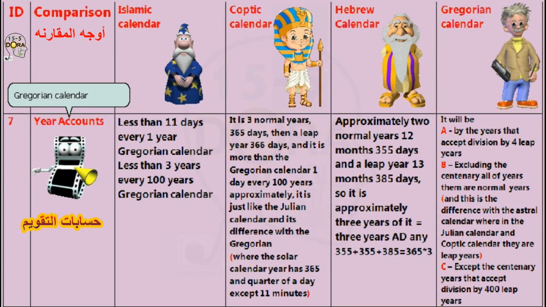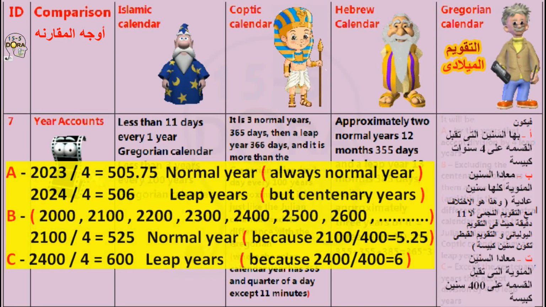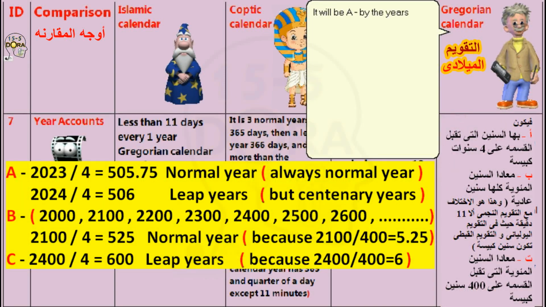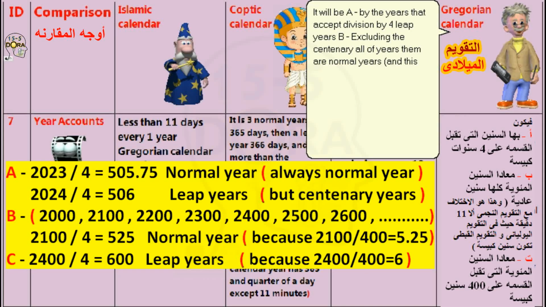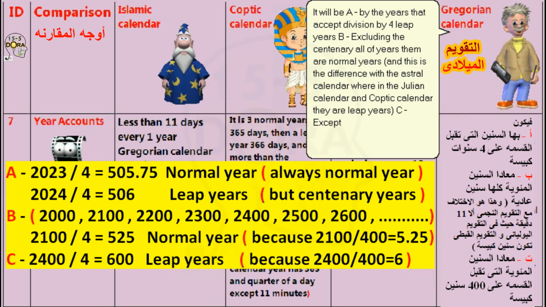Gregorian calendar: leap years are the years that are divisible by 4, excluding the centenary years, which are all normal years. This is the difference with the Julian and Coptic calendars, where they are leap years. Except the centenary years divisible by 400 are leap years.